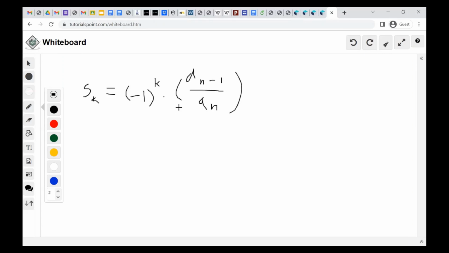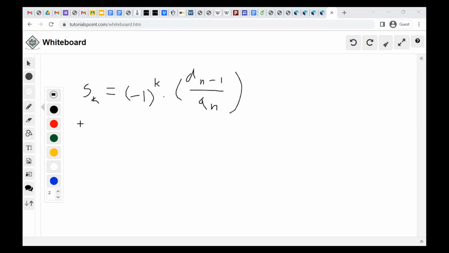I'm just showing how Vieta's formulas work, and then we're going to go on to some practice problems.